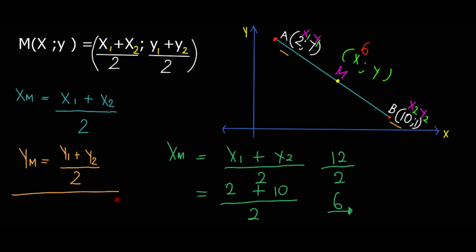We will use this one. y is equal to y1 plus y2 divide by 2, and then our y1 is 7, and then our y2 is 1. So we will have 7 plus 1 divide by 2, and then 7 plus 1 is 8, and then 8 divide by 2 gives us 4. So this one is 4.